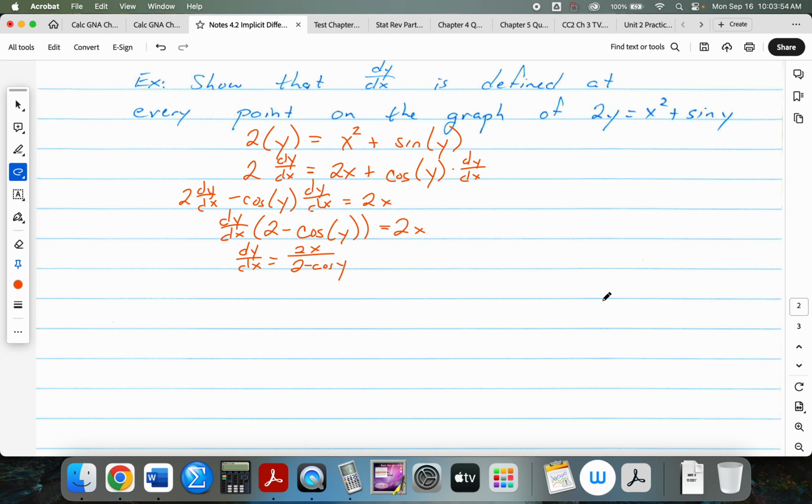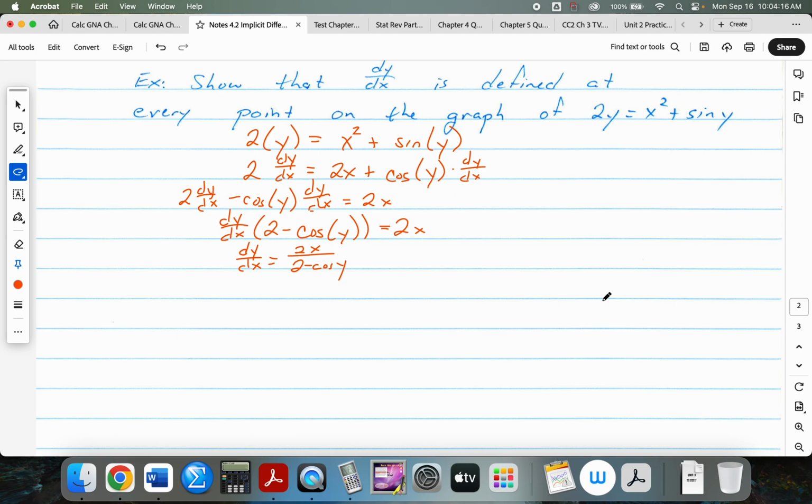Okay, now cosine of y, well, cosine's defined for anything we put into it. Doesn't matter, so that's okay. The numerator, that's always there, 2x. Doesn't matter what the x is, that's always going to be defined. What's the one potential problem we have if we have a rational function? It's 0 in the denominator.